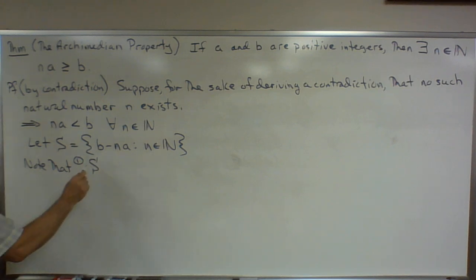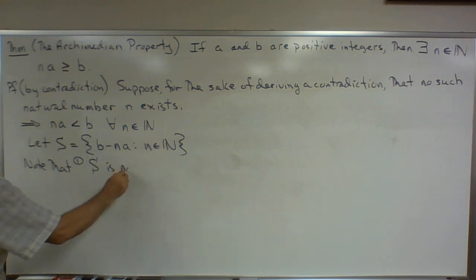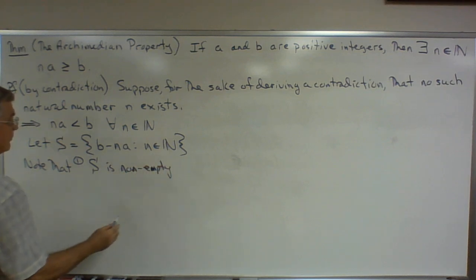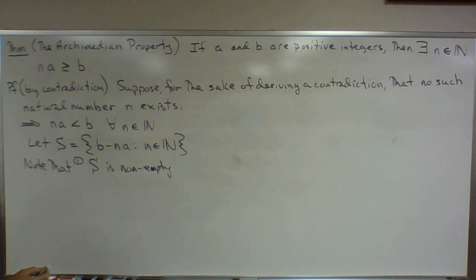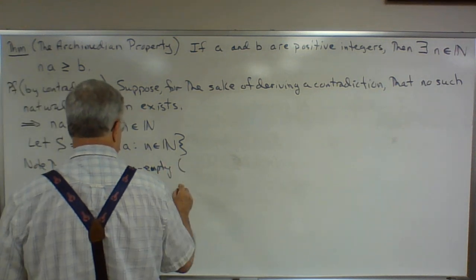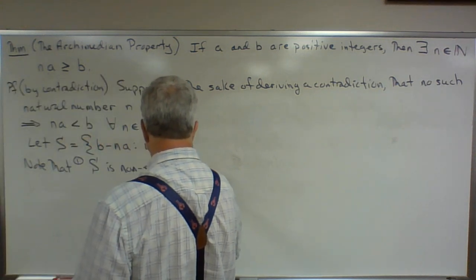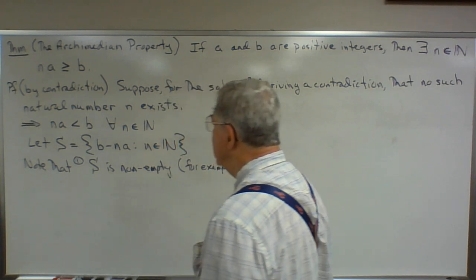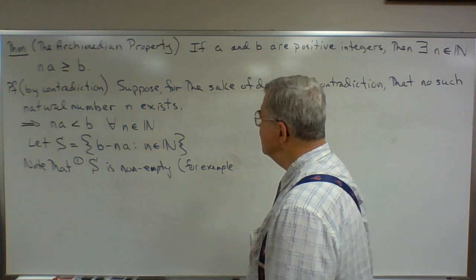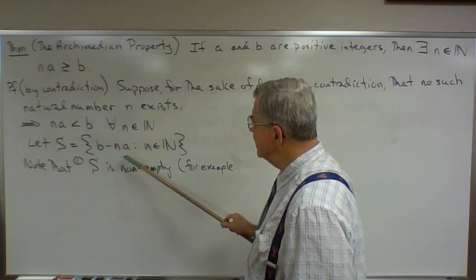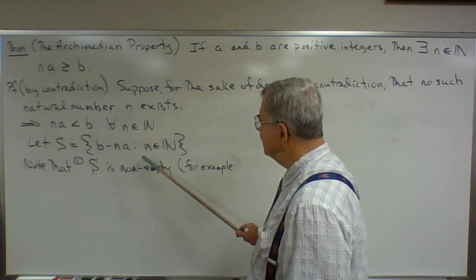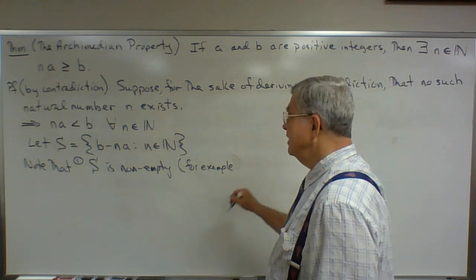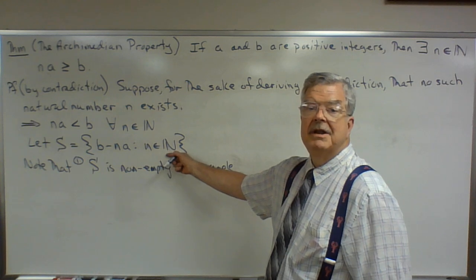First of all, note that S is non-empty. Well, let's see, how do we know that? S is the set of all numbers of the form b minus na, where n is a natural number. Okay, well, pick a natural number.